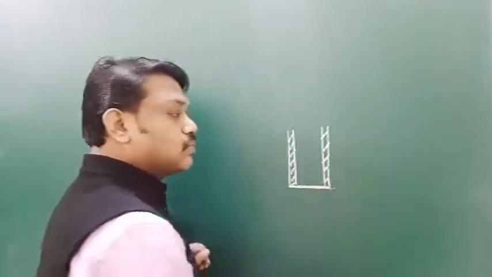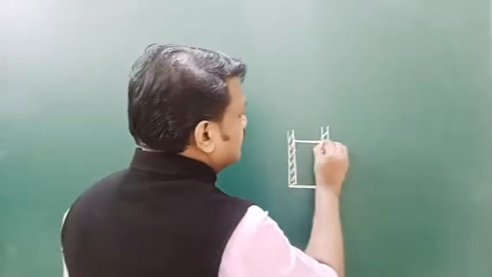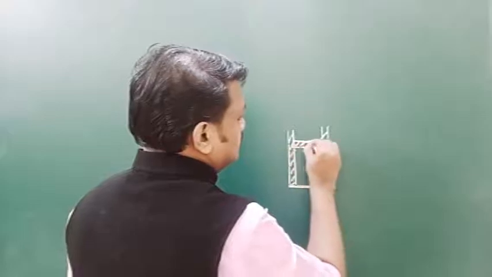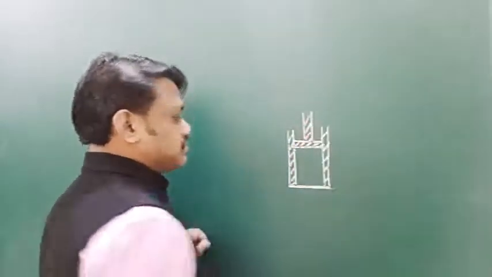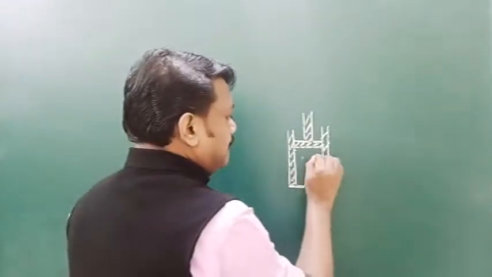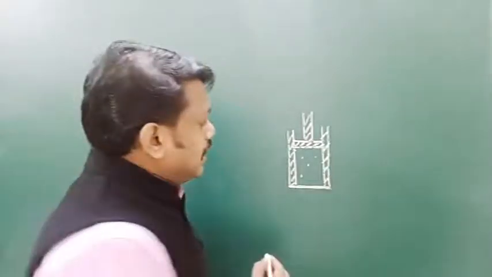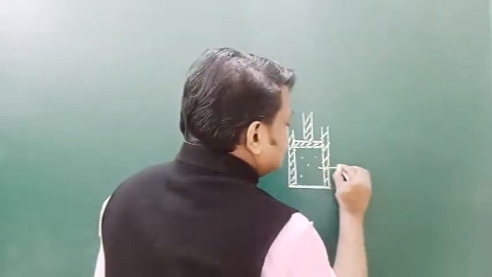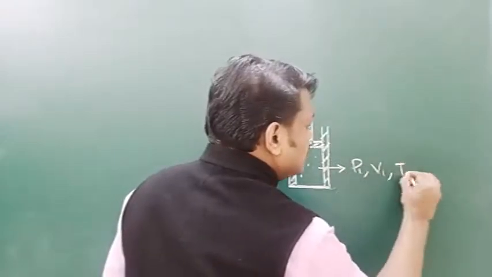Through the bottom only, heat transfer is possible. The cylinder is fitted with a movable piston, which is also an adiabatic piston, and it contains an ideal gas whose state is given by P1, V1, T1.